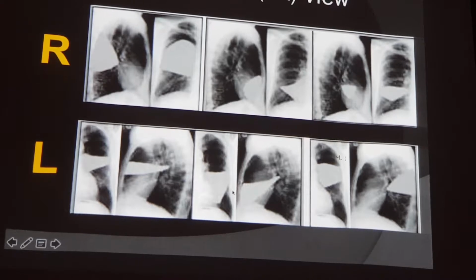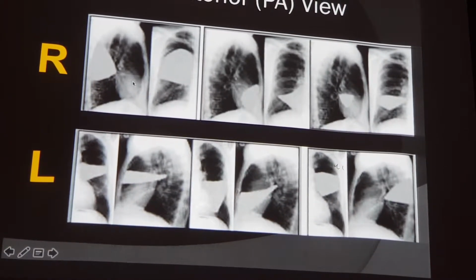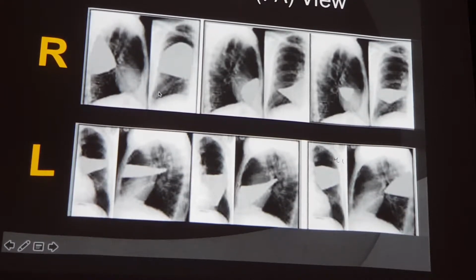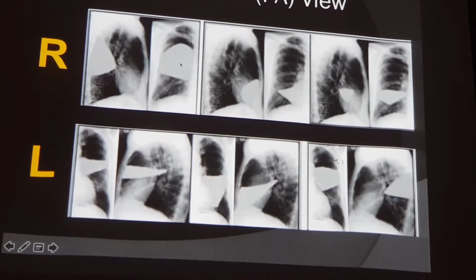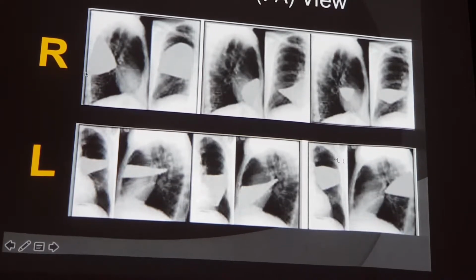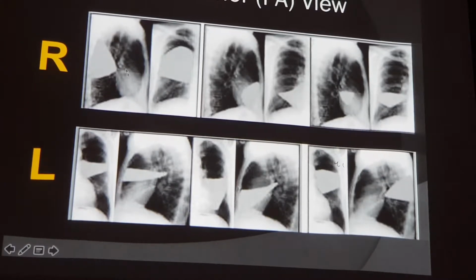What is confusing here is that the lower lobe has a superior segment, which on your AP view is superimposed on the middle lobe. So this is where the superior segment of the lower lobe is. In the lateral view you will see the major fissure.